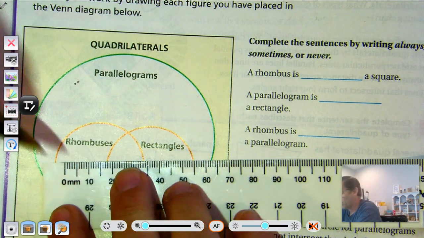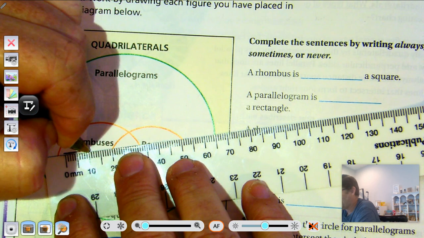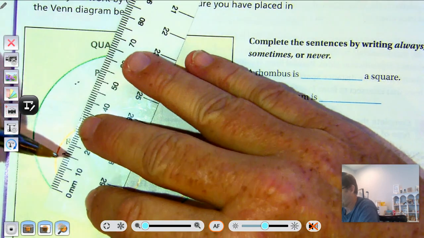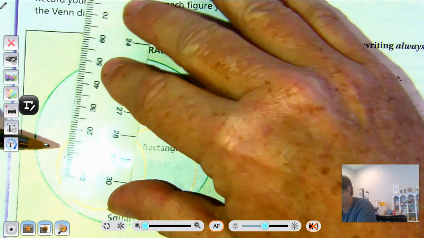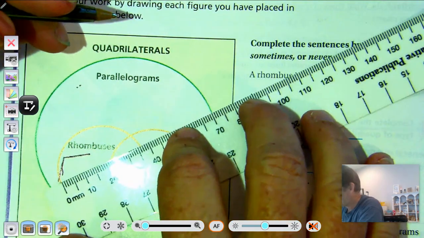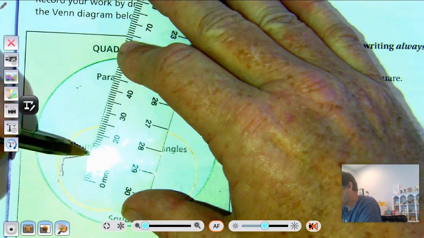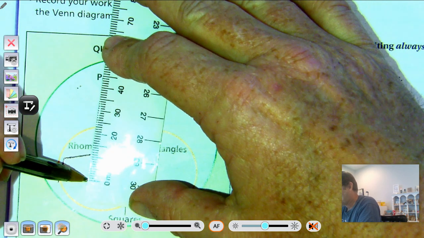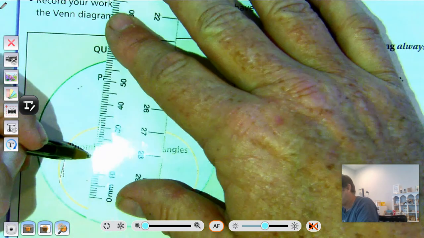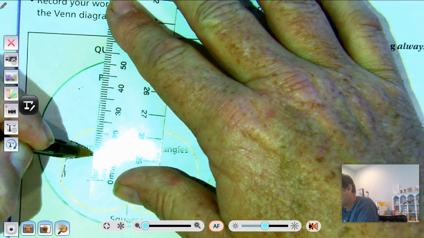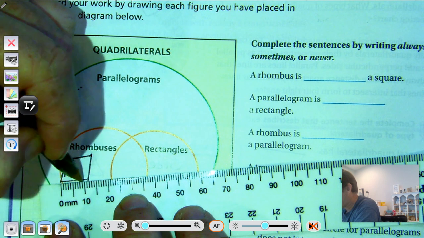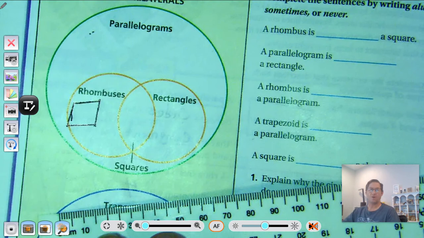A rhombus would be equal sides. So if we go something like 10, and 10, so if I make all sides 10, it's basically a rhombus, right?